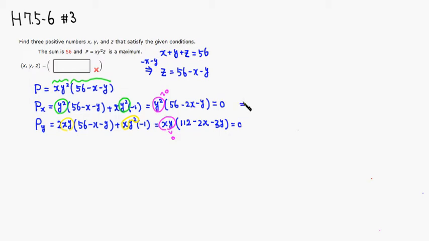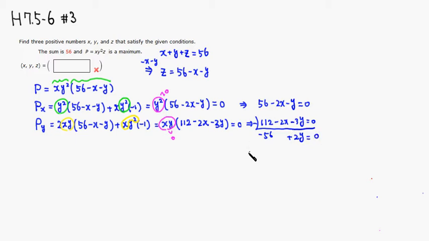What we can do is do a subtraction right away. Here we have 56 minus 2x minus y equal to 0, and 112 minus 2x minus 3y equal to 0, which is kind of lucky to have 2x there. So 56 minus 112 is negative 56, the negative 2x minus negative 2x cancel out, and negative y minus negative 3y would be positive 2y, equal to 0.